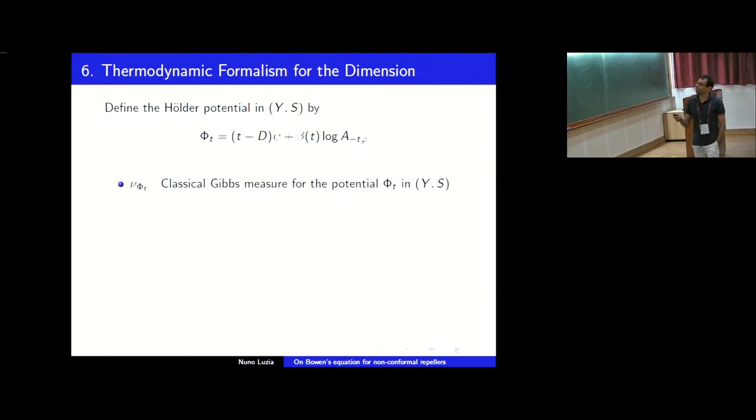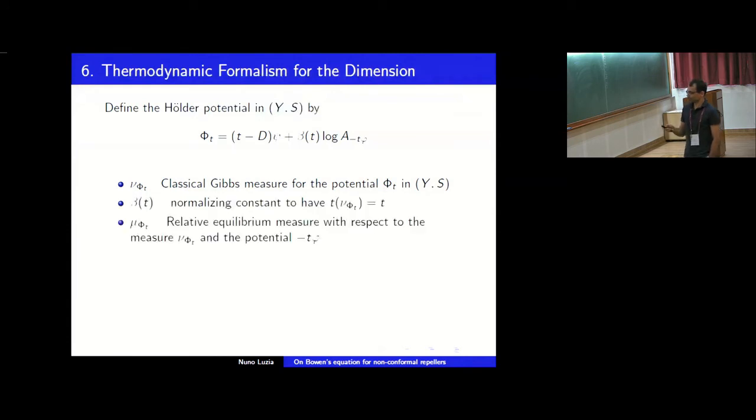I will explain now what this beta T is. It's not so important. Let nu of this potential be the classical Gibbs measure with respect to this potential, okay? That is the classical thermodynamic formalism, okay? Then beta T is a normalizing constant, so that the dimension of the fibers relative to this measure here is exactly the parameter T.